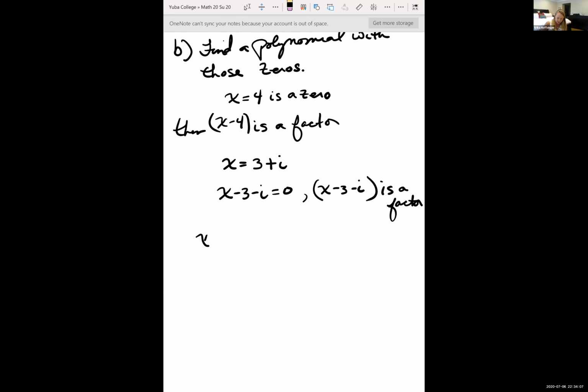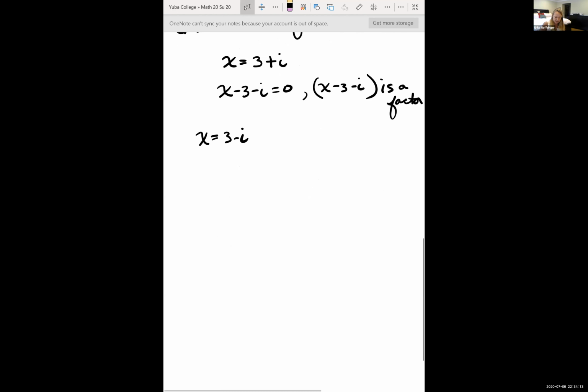If x equals 3 minus i is a zero, which it has to be by the conjugate pair theorem, set that equal to 0, we know x minus 3 plus i is a factor.